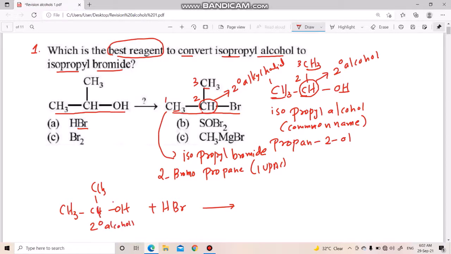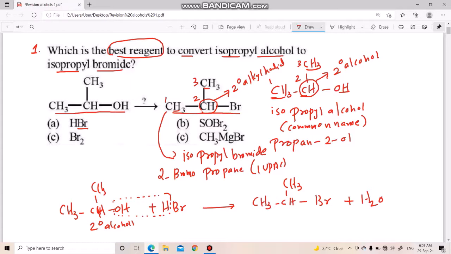OH with H, then the product is CH3CHBrCH3, with water removed as a byproduct, H2O. This is the expected product.